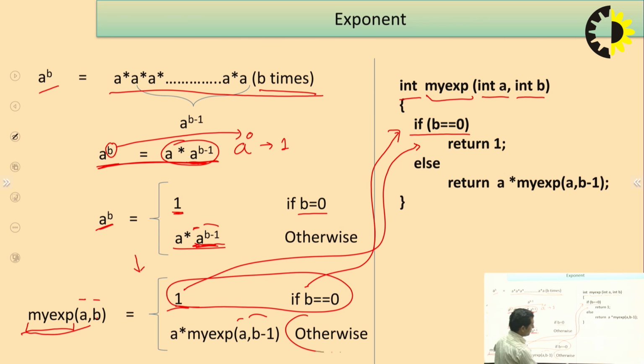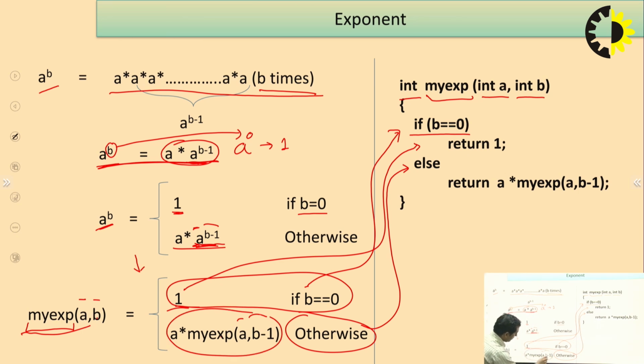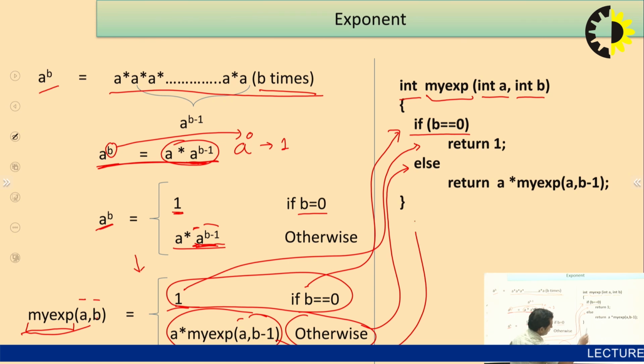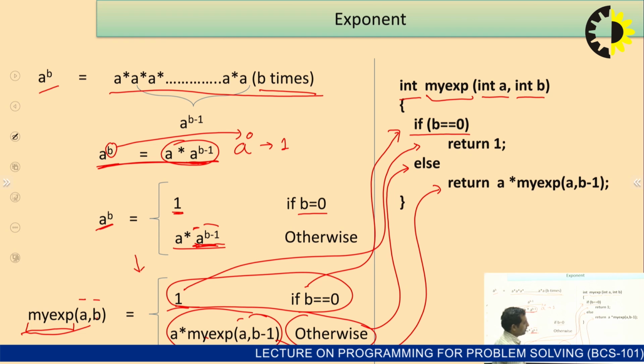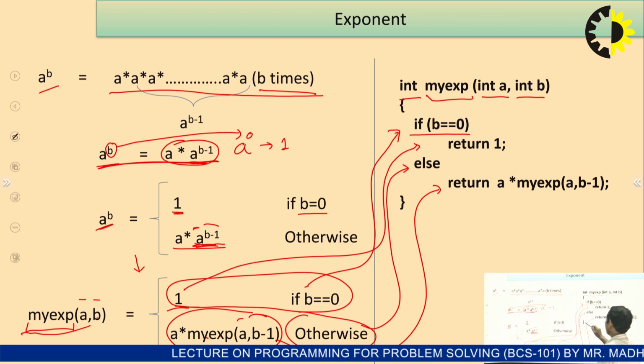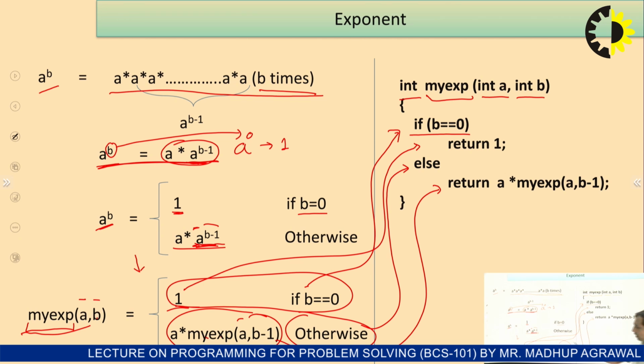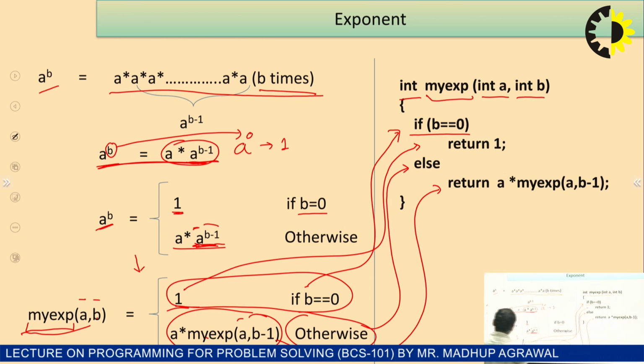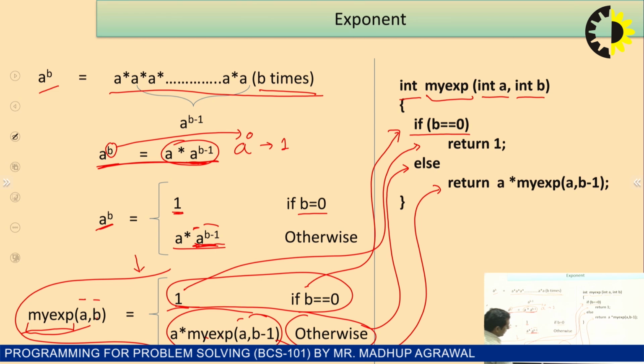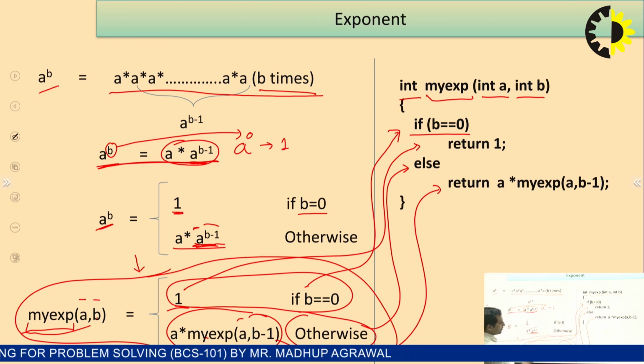Otherwise, in the syntax we write else, and return a into my exp, a and the second parameter b minus 1, and semicolon, then close the parenthesis. If we write this definition correctly mathematically, then we just convert it into the coding.